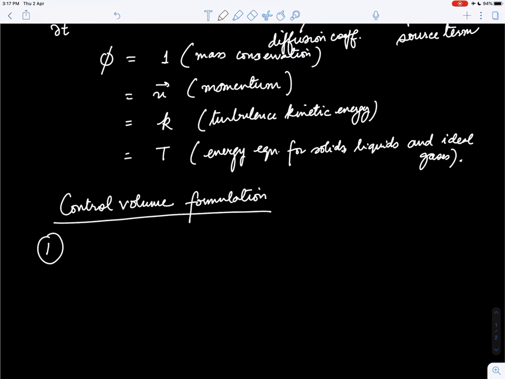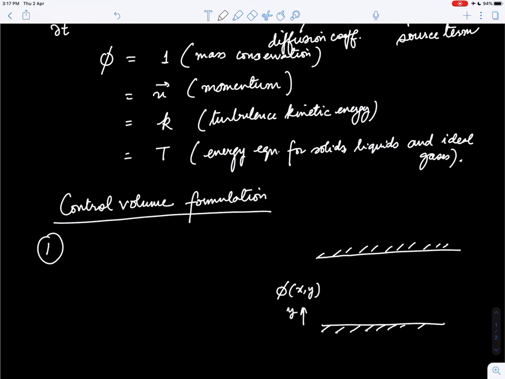The first is, let's say we have a computational domain in which we want to calculate the velocity or the temperature distribution. Analytical methods would give you the variation of any property, some scalar phi, as a function of x and y, forgetting about time dependence.